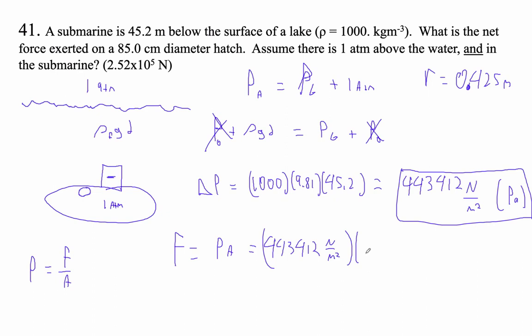So that's times pi times 0.425 squared. All right, so I'm going to take that number times pi times 0.425 squared, because that's the area of this, it'll be pi r squared, right? It's a circular hatch.